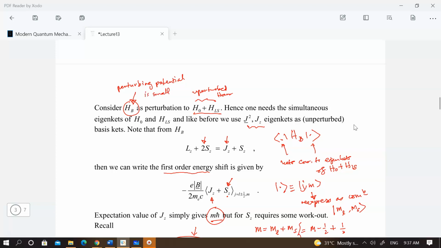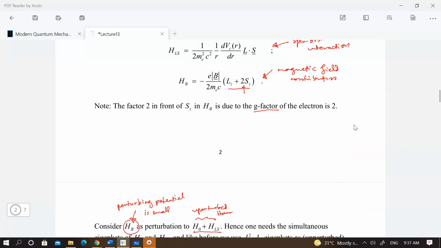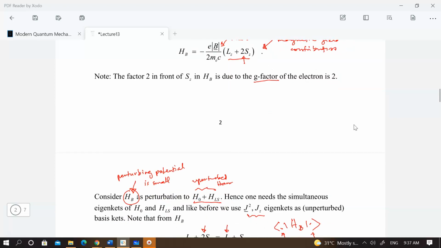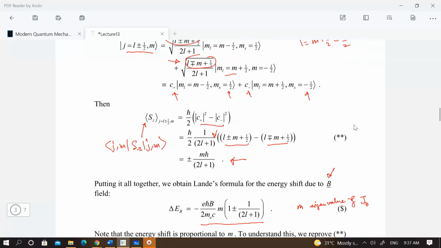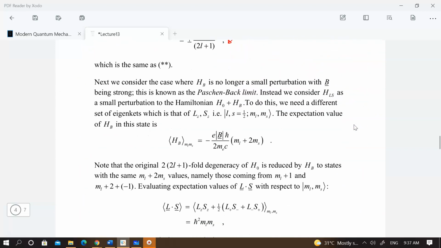If you look at what is HB, we require that this B is small. Now we want to do the case where your B is no longer small. Instead you have a strong B.